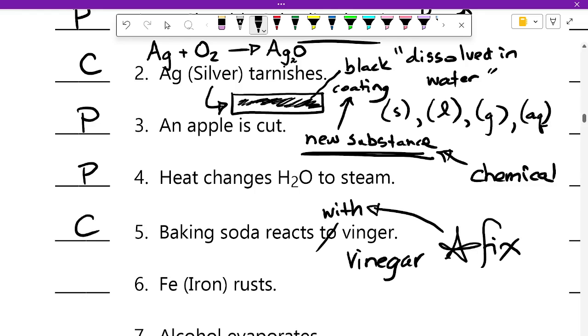Chemical. Iron rusts. Chemical. Because you end up with a new substance, you did not have rust before. Now you have rust. It's a reaction very much like silver tarnishing. In this case, iron is reacting with oxygen, and you get iron oxide, which is rust.